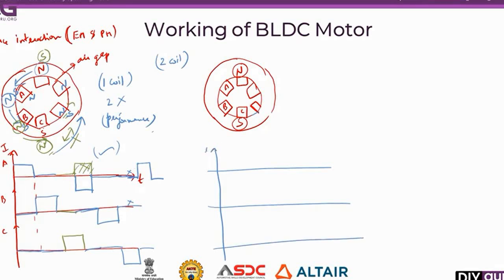Take this as the current, take this as phase A, phase B and phase C. At the same instant, I am going to energize both coil A as well as coil B. If you see here, coil A is also energized, coil B is also energized.